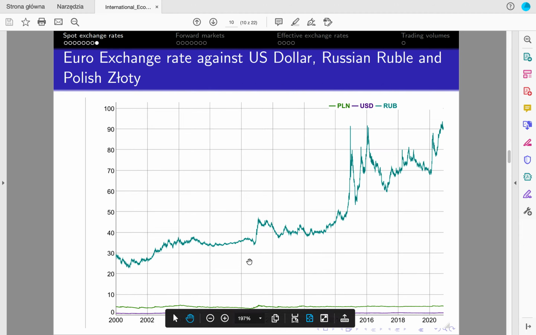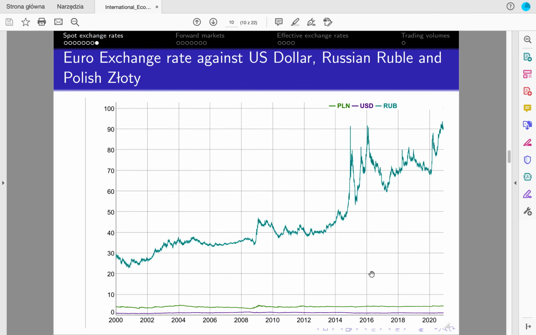However, if I'm going to add now on this graph the Russian ruble, you see that again the volatility of the first two is becoming basically insignificant.